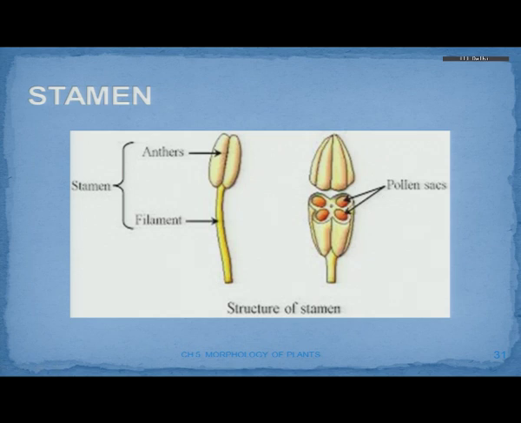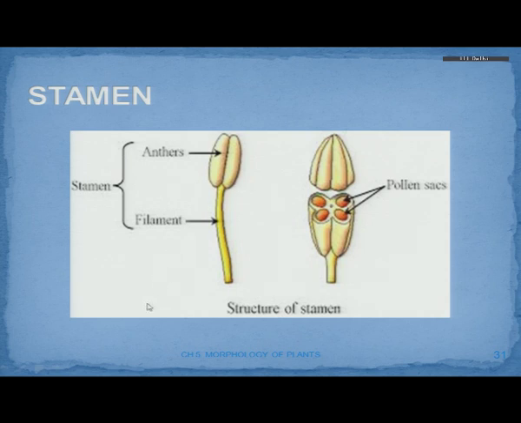What would happen if some anther fails to produce pollen? Anthers, or the stamens for that matter, are the male reproductive units of a flower. If the pollen grains are not produced, that means that particular anther or the stamen will be sterile. So, the sterile stamens are known as staminodes.